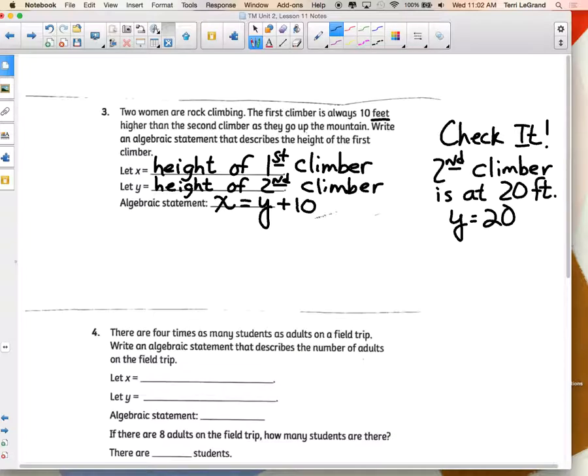So that means if we substitute 20 into our equation for the Y, that will give us how high up the first climber is. How high up is the first climber then? 30. Okay. And that would be feet, wouldn't it? So this is the first climber.